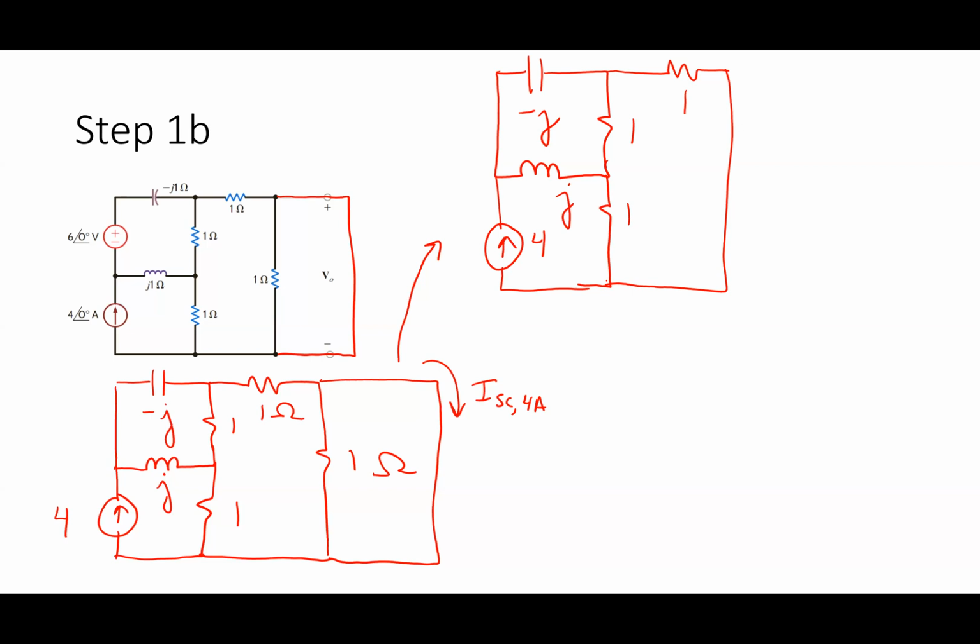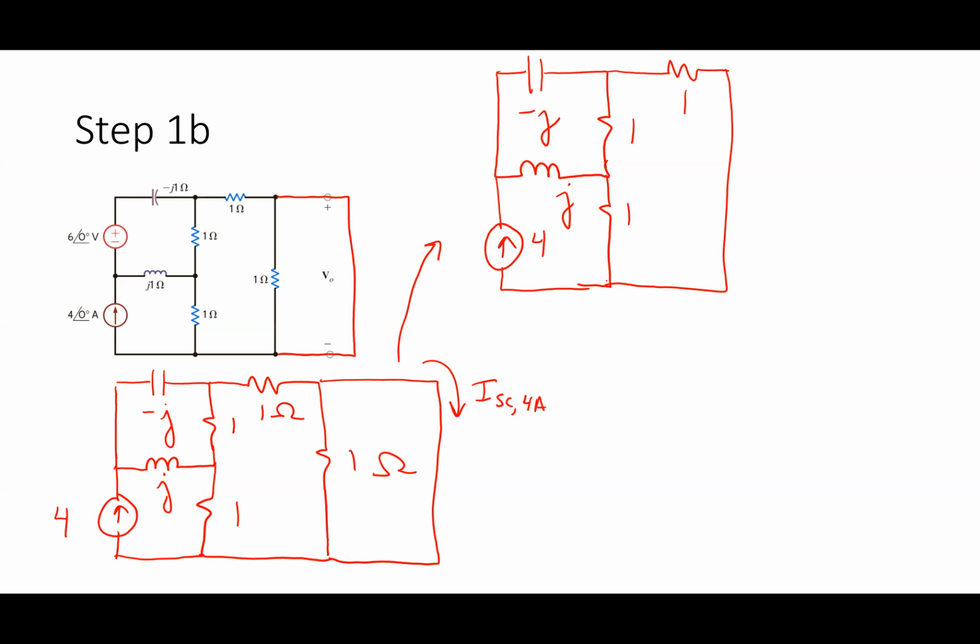Now, what do I do? Where should I go from here? I can't simplify that any further. I don't know any way to simplify that. What's in parallel here? Do I have any clear parallel combinations of things that I can do?